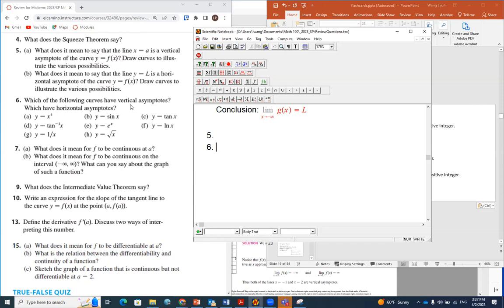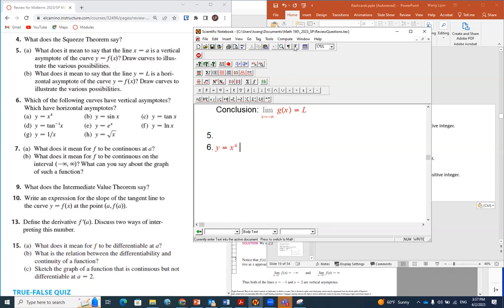If we have a vertical asymptote, typically we're going to have a point where, first of all, the function is not defined. y equals x to the power 4 is defined everywhere. Sine has neither. Okay, so this function y equals x to the power 4, right?